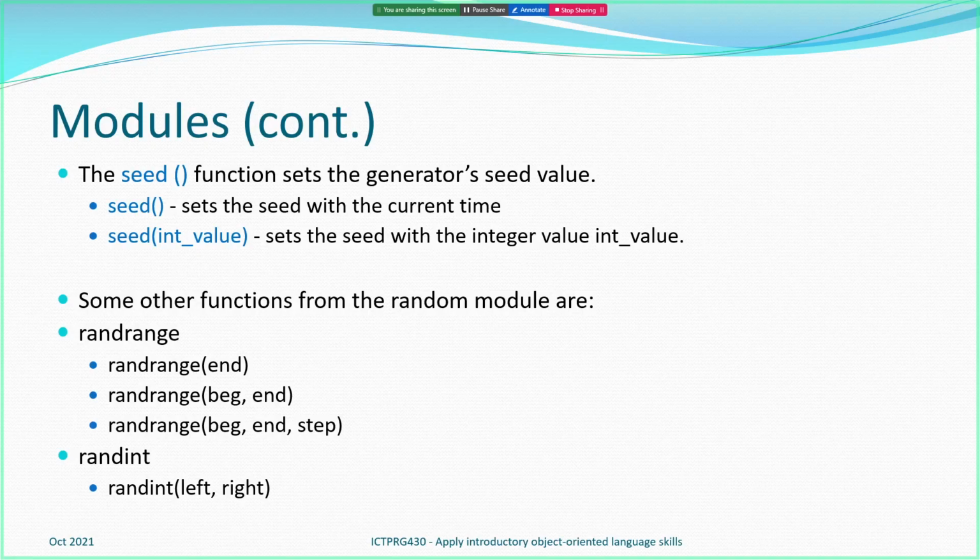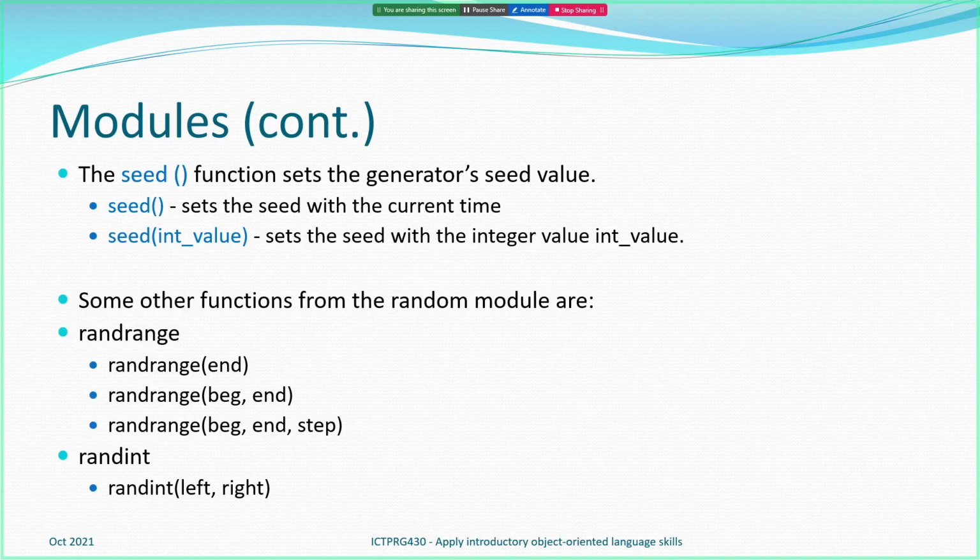But you can override that default of the current time by specifying a particular value. Now, this value has to be an integer. So I would suggest you, if you're going to specify it, you would want to have it a variable that is changed each time you go to call it. This will help increase the randomness of the number.